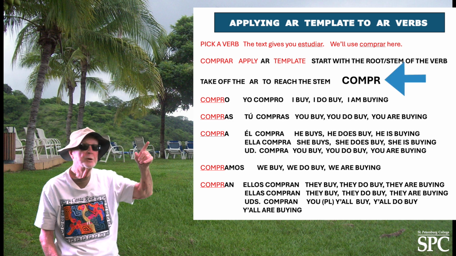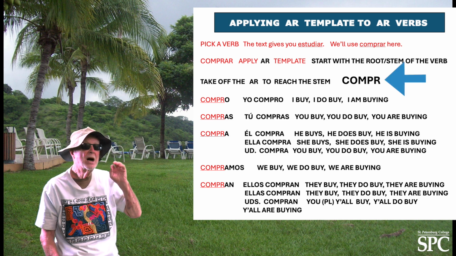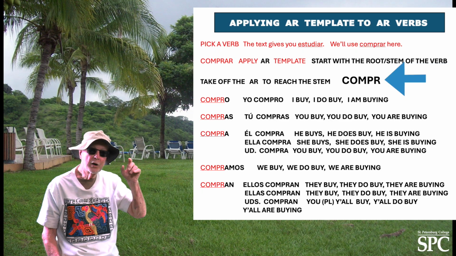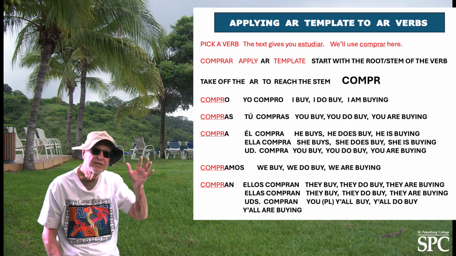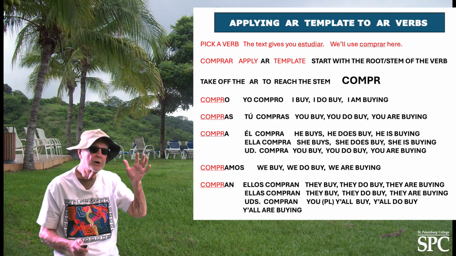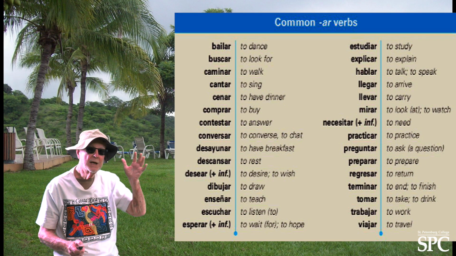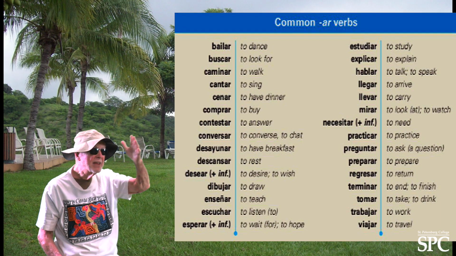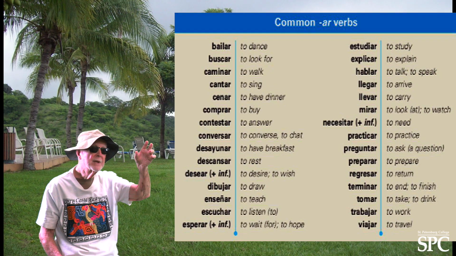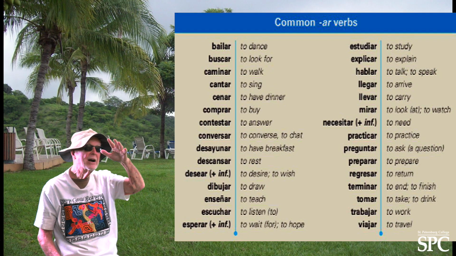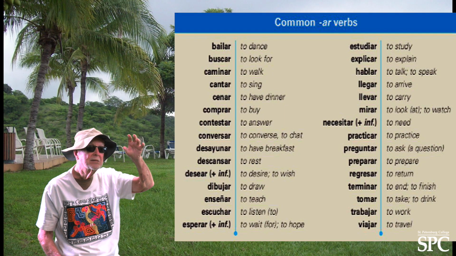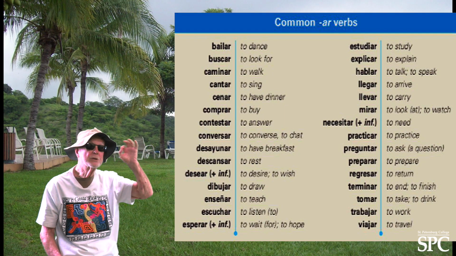And I've got in bolder print up there C-O-M-P-R, because that's the root or the stem of the verb with the AR taken off. You do that with all of these verbs. Bailar, B-A-I-L-A-R, take off the AR, B-A-I-L. Bail, that's the stem or the root.